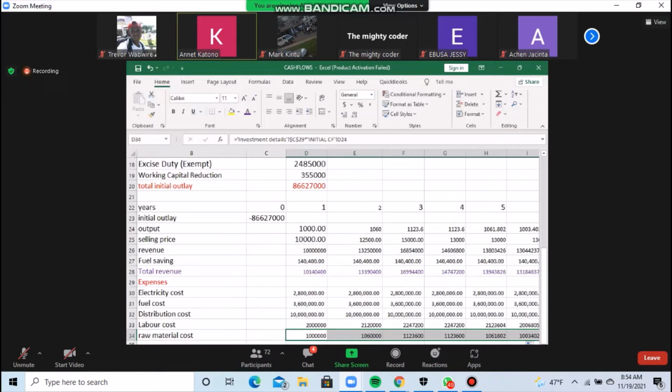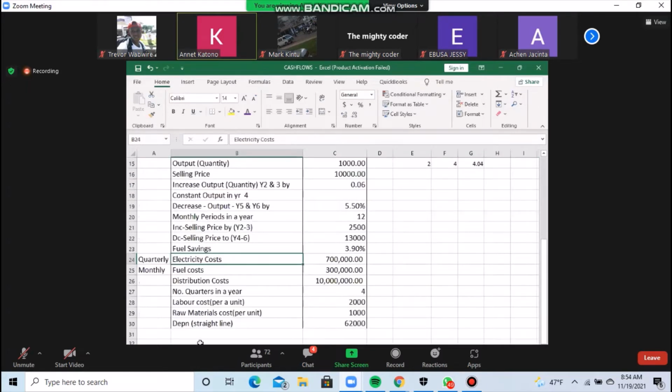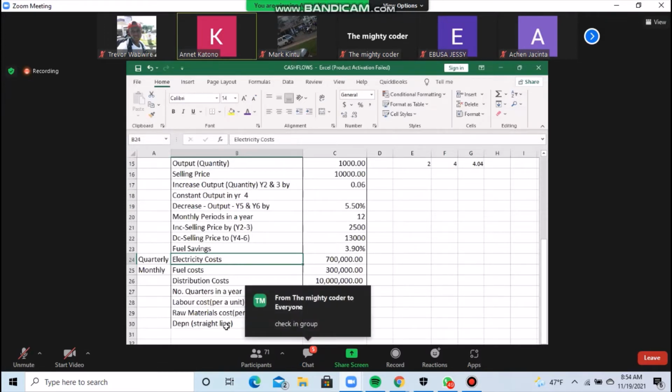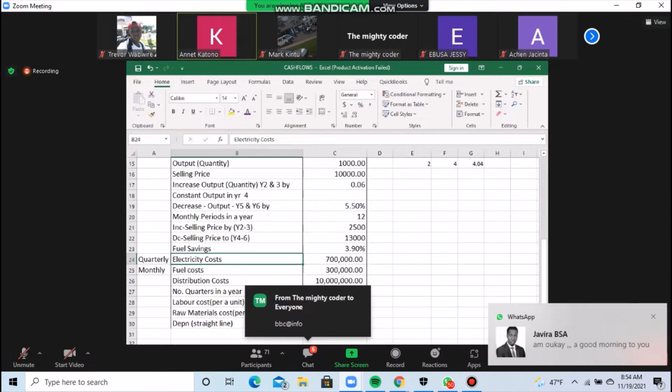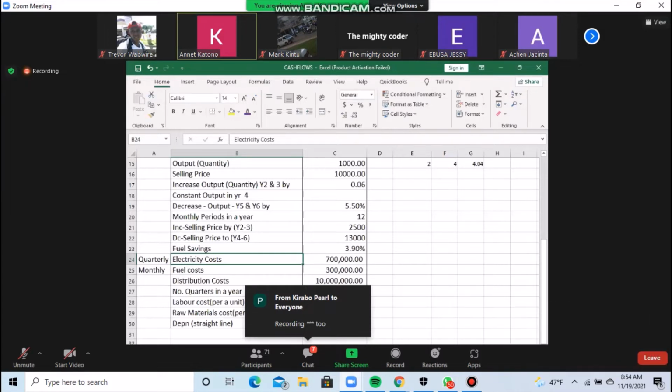So go back to your investment detail. What else do we need? We need the depreciation. Now they are telling us that depreciation is on straight line, and they've given us the amount of 62,000. I told you that we are first working as accountants, and for them, they know that depreciation is a cost.